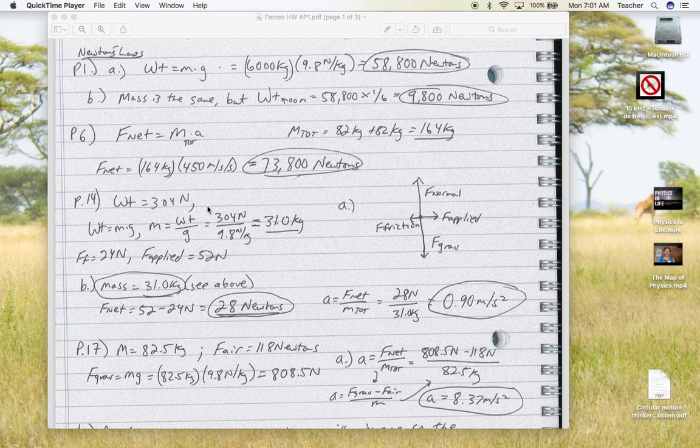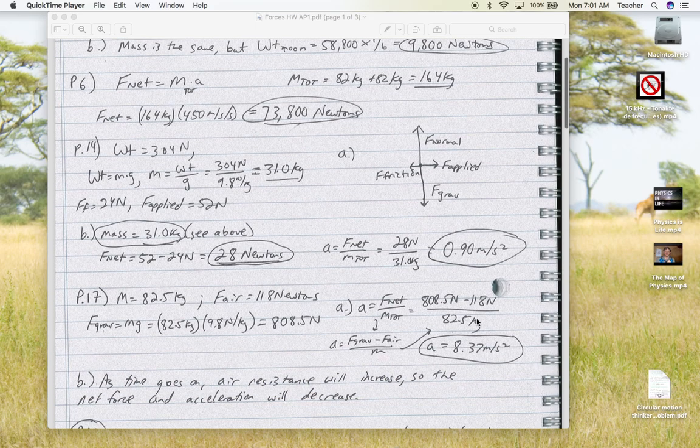So first thing I have to do, after drawing this, if I want to find the mass, is to take the weight of Alex's brother and the sled, and divide it by 9.8 newtons per kilogram. And that gets me 31 kilograms. I was told that the frictional force or the resistive force is 24 newtons, the applied force 52. So then the net force is 28 newtons. Acceleration is net force over mass, and that's 0.9 meters per second squared.